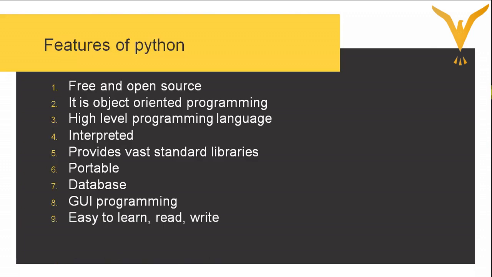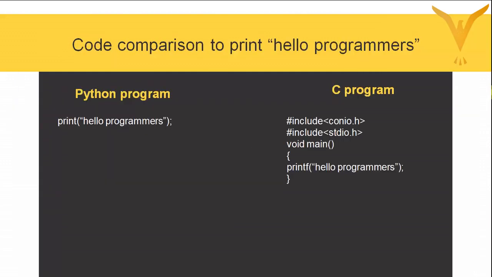Okay, at the end it is easy for a programmer to learn Python, read Python programs, and write Python programs. Now let's see the code comparison between these two programming languages. On the left hand side you have a Python program, and on the right hand side you have a C program.